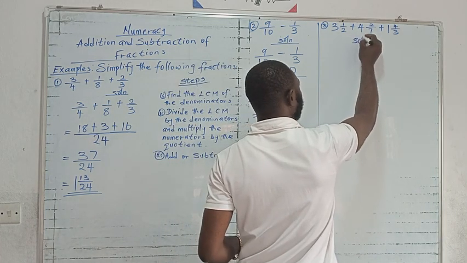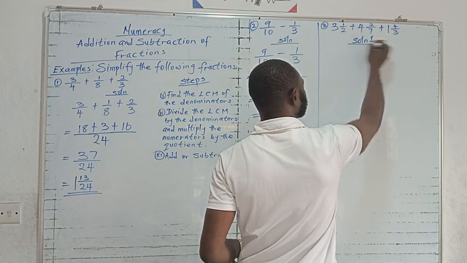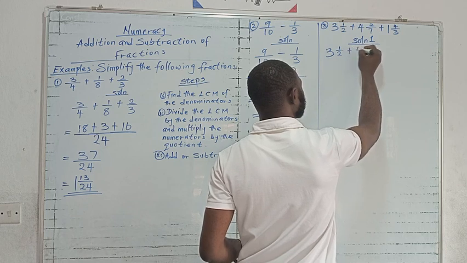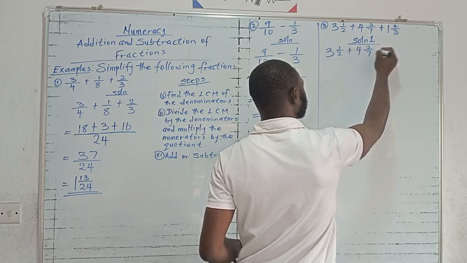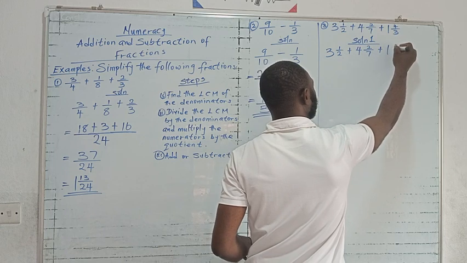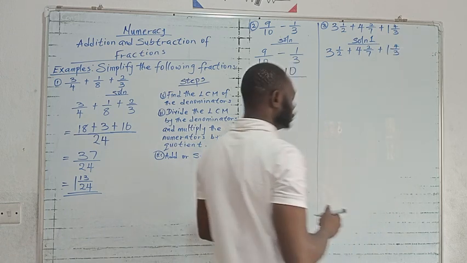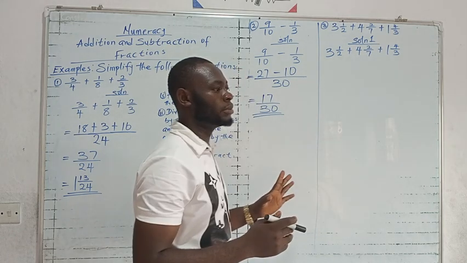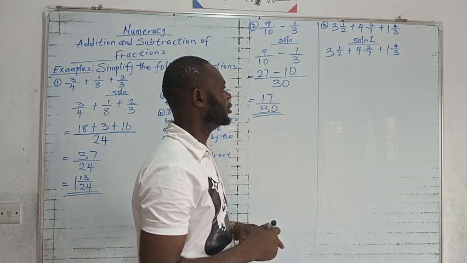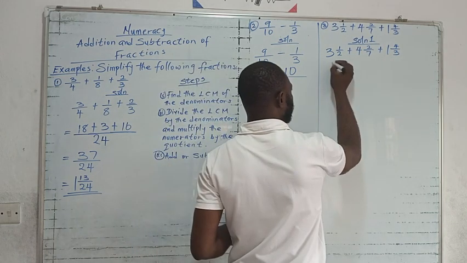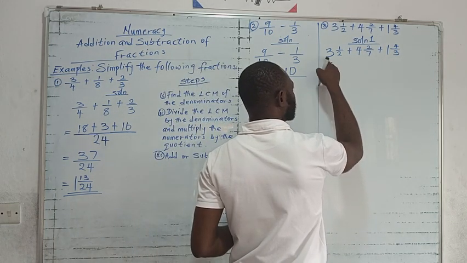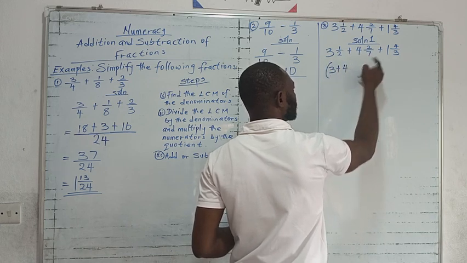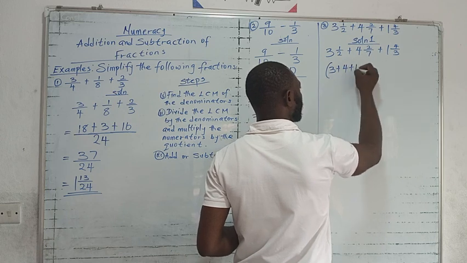Let me say solution 1. So the question says 3 whole number 1 over 2 plus 4 whole number 2 over 7 plus 1 whole number 4 over 3. Now in solution 1, what it entails is that we should separate the whole numbers and the fractions. So I will open a small bracket here and I'll have, what's the whole number here? 3 plus 4 plus 1.